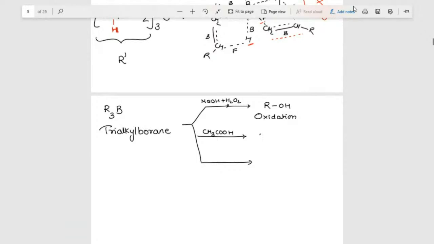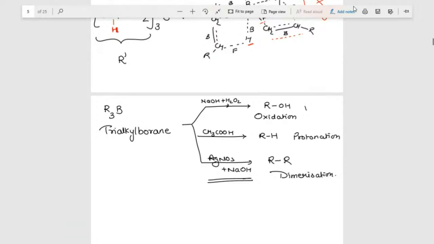This is direct protonation, and it is in fact called protonation of trialkyl borane. You can have HNO3 plus NaOH. This is a radical reaction, and we have a dimerization of the alkyl groups. Not much about the mechanism of this is known or required. It is expected to be a radical reaction.